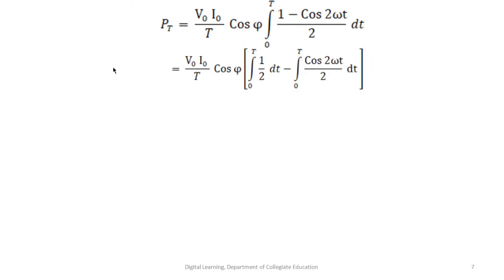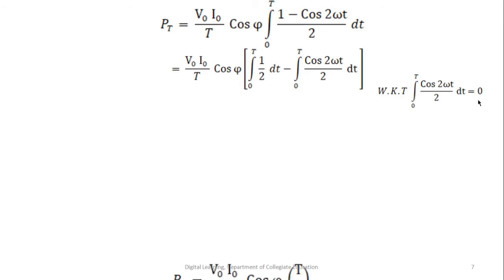Separating the integrals, that is V naught I naught divided by T cos phi into integration from 0 to T of 1 by 2 dt minus integration from 0 to T of cos 2 omega t divided by 2 dt. We know that integration from 0 to T of cos 2 omega t by 2 dt is 0.